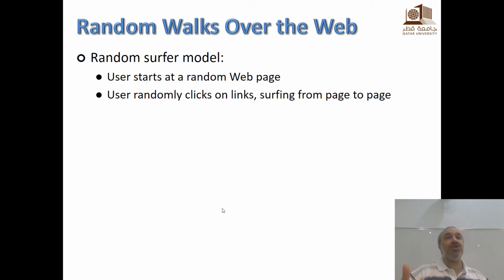So if that page is visited many times in this infinite random walk, then it has a higher PageRank. If it's visited very few times, then it has a low PageRank. Okay? So that's the mechanism of the algorithm. But the main idea is that if I have so many inlinks, then I will be visited so many times, right?